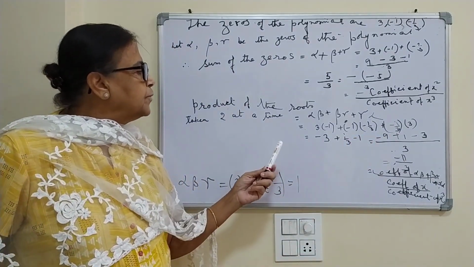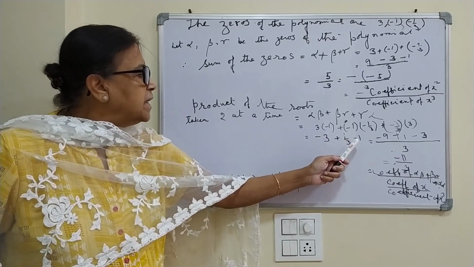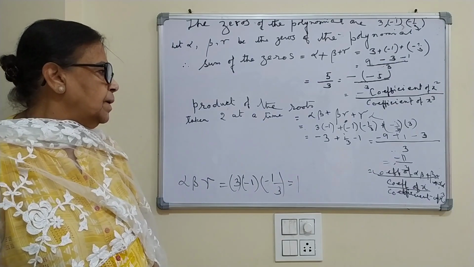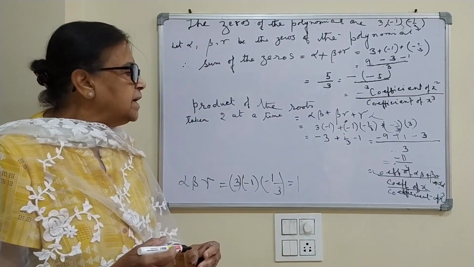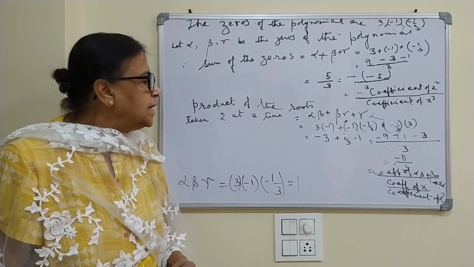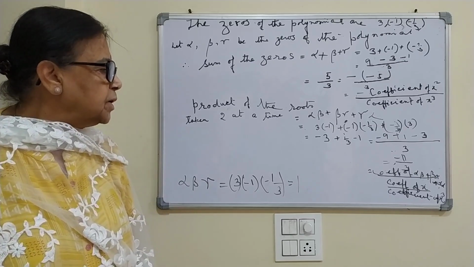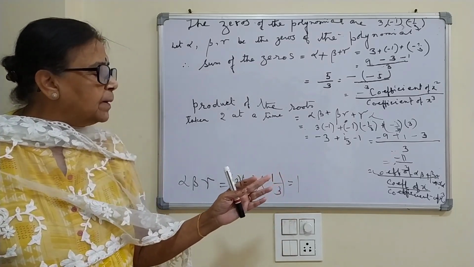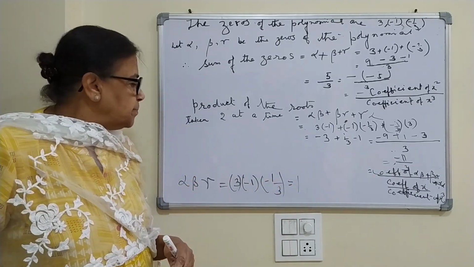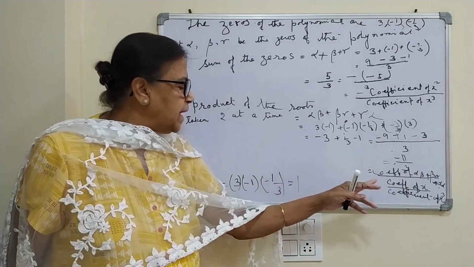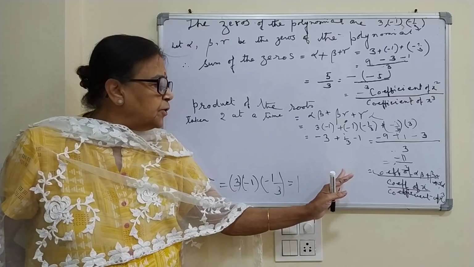So when we solve, we get minus 3 plus 1 by 3 minus 1, that is minus 11 by 3, which is equal to the coefficient of x divided by the coefficient of x cube.